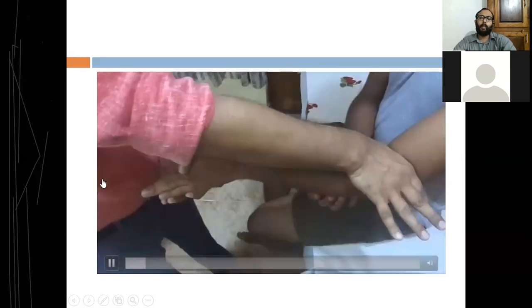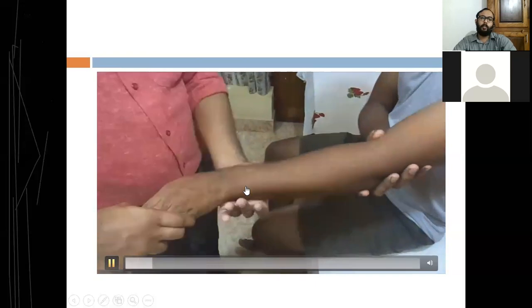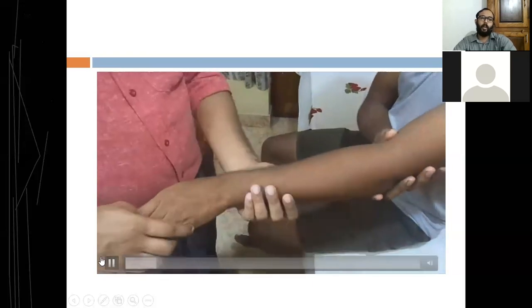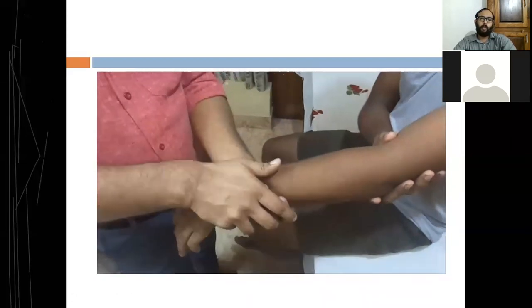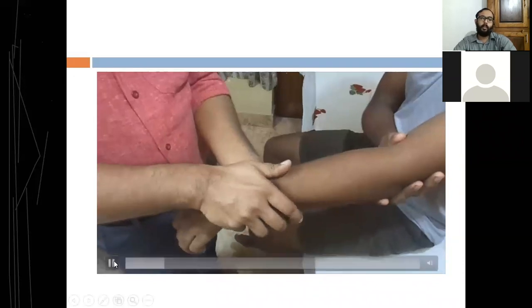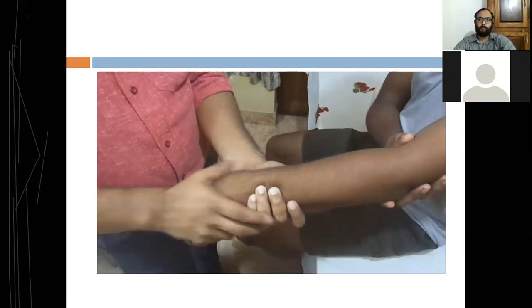Counter traction should be applied like this, traction should be applied like this, and then supporting the proximal fragment using the thenar eminence of one hand, using the thenar eminence of the other hand, the distal fragment should be pushed downward in this particular position. With the proximal fragment supported by the thenar eminence of one hand, and using the other hand, the dorsal displacement or posterior displacement is corrected.